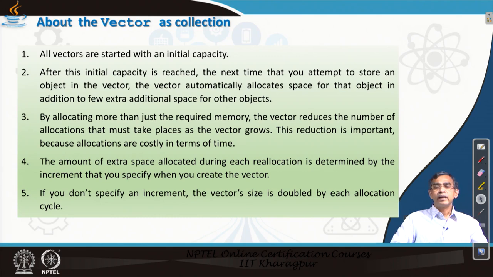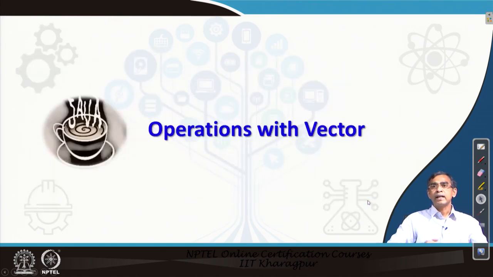If you want to maintain many collections and share them among different threads, thread-safe execution is possible with the vector class, which is not possible with other collection framework classes like ArrayList or arrays. So, these are very nice things. That is why vectors are still popular among programmers because of those features.